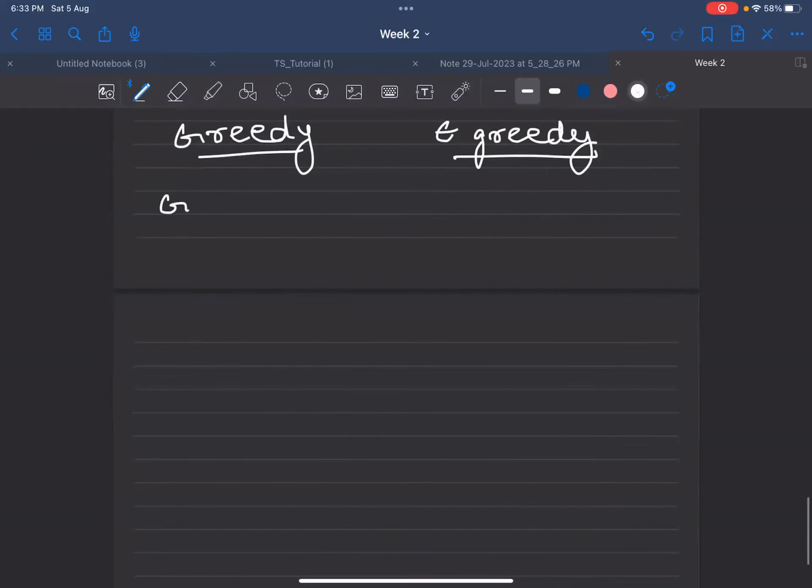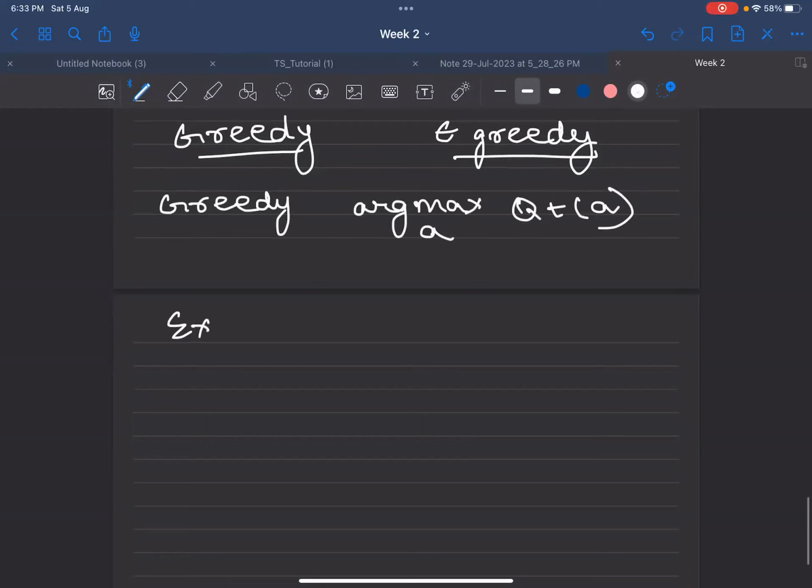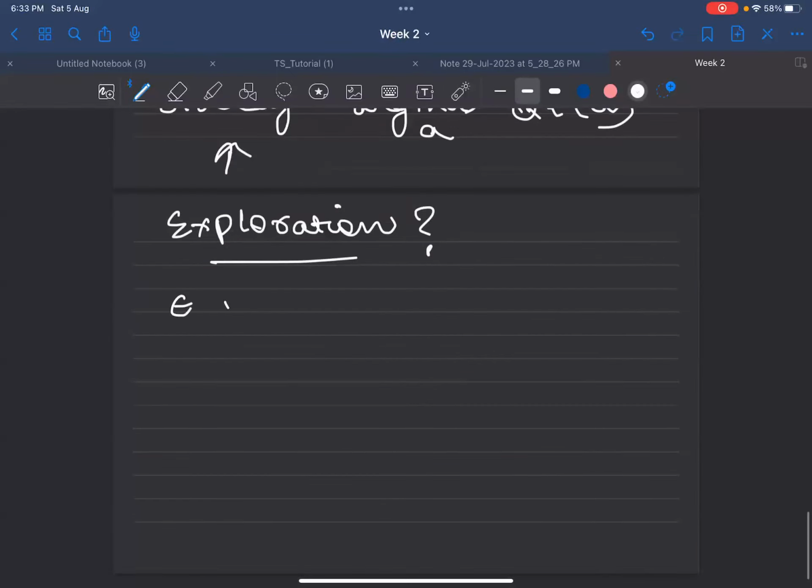So I can say that greedy is basically the argmax A, QT of A. Basically, whichever will be the maximum, that will pick it up. And then why we need exploration? That also we discussed here. Is the exploration greedy or there is no exploration? I have no exploration in greedy, only exploitation. So that is why we came up with the epsilon greedy approach.